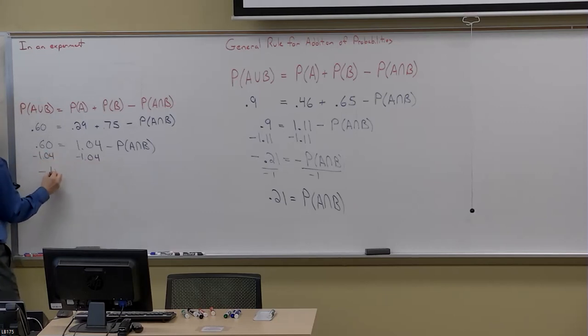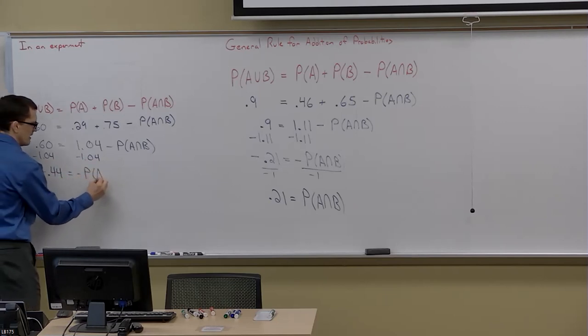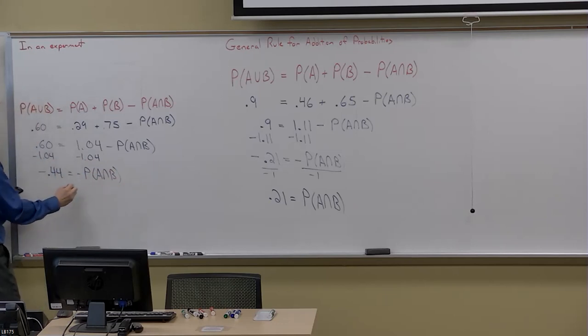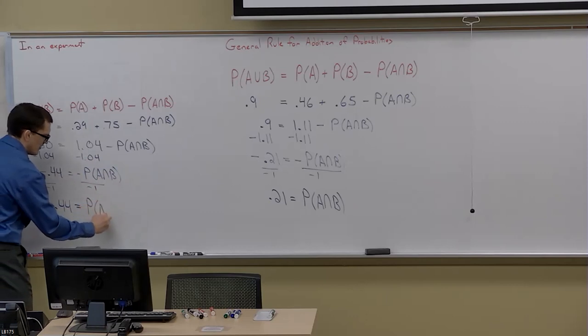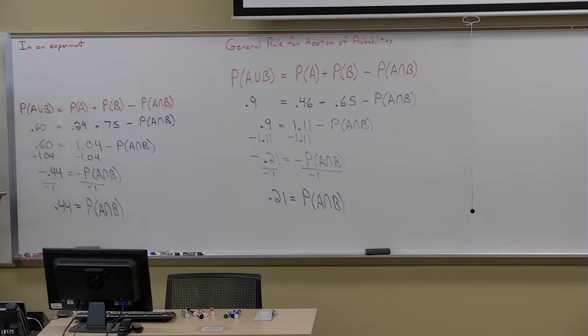Get negative 0.44 equals negative probability of A intersect B, and then divide by the -1 on both sides. And you get 0.44 is equal to the probability of A intersect B. Okay, 0.44. Everybody calculate that.